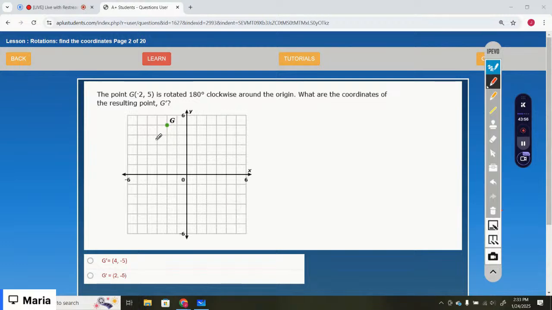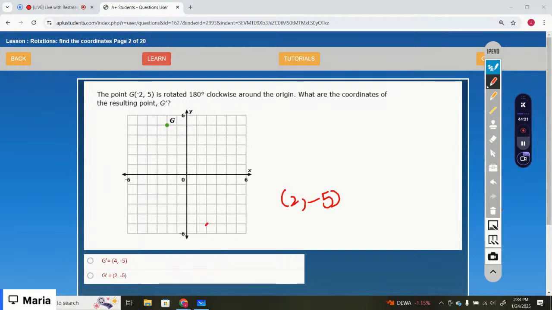So it would be in the fourth quadrant, right? So keeping the point 0, 0 fixed, if you rotate this point 180-degree, it would be here.